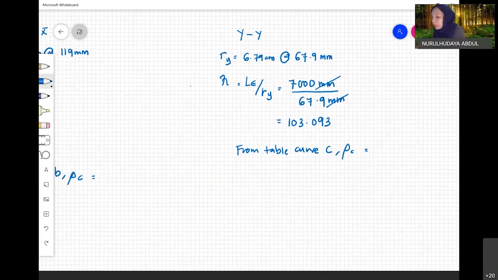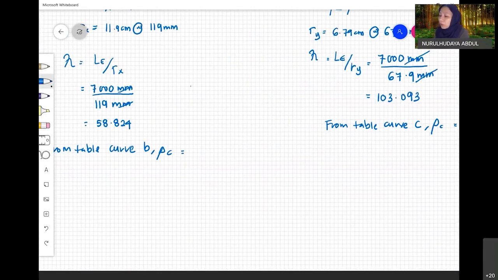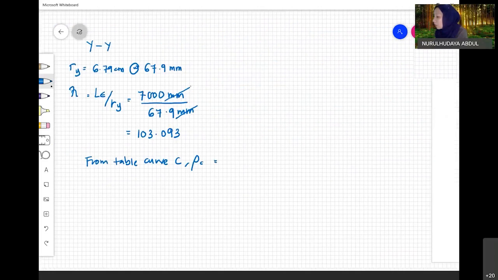And we need to find this value of PC based on the slenderness ratio and also PY, which is steel strength. Steel strength kita dah tahu 265. And the slenderness ratio for x-axis is 58.824. Okay, so kita dah tahu curve B. Kita cari table curve B.